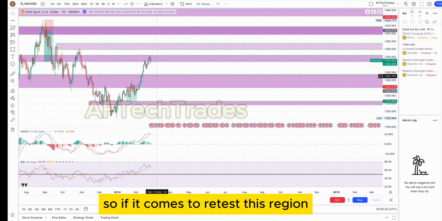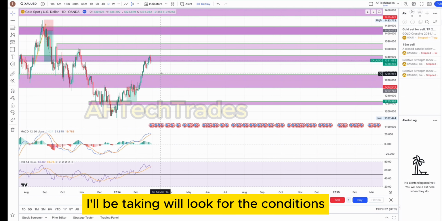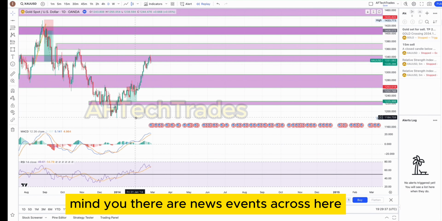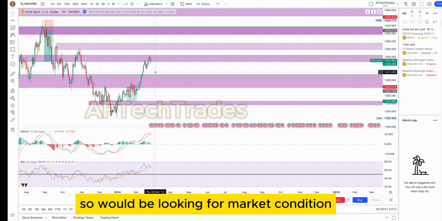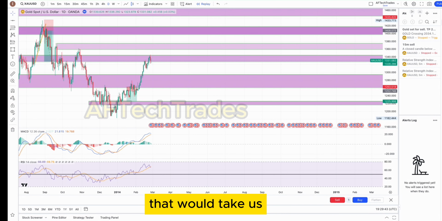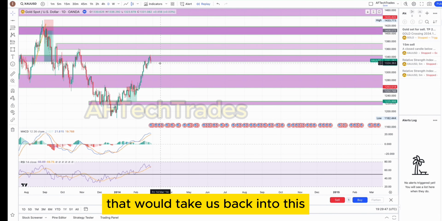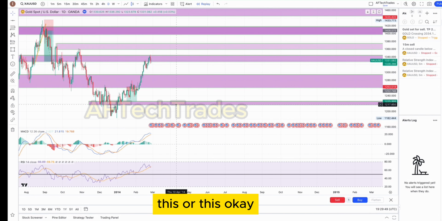If it comes to retest this region, we'll look for the market conditions. Mind you, there are news events across here. So we'll be looking for market conditions that would take us back into this, or this. Okay, so let's play further.